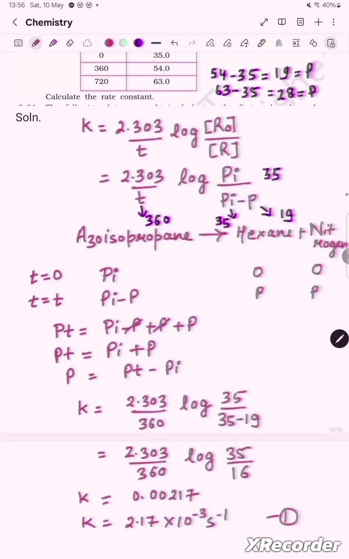Here the initial pressure is the same, Pi is 35, and the P value is 28.